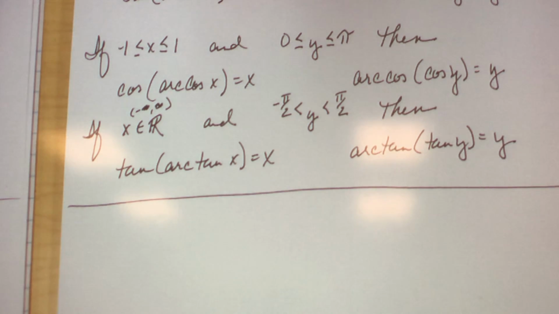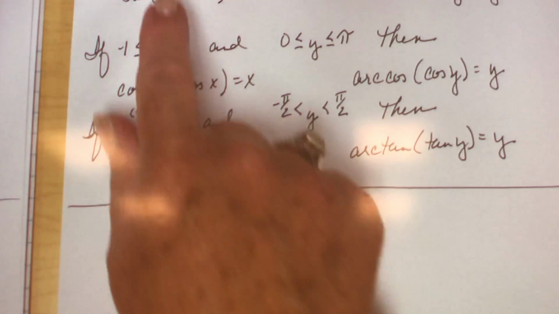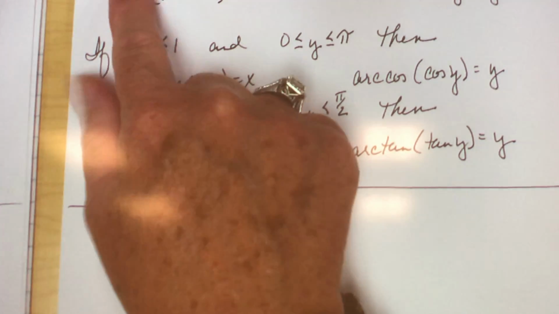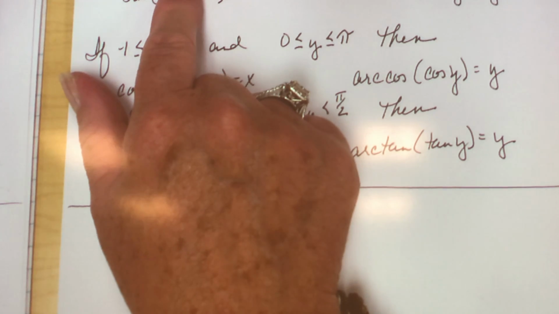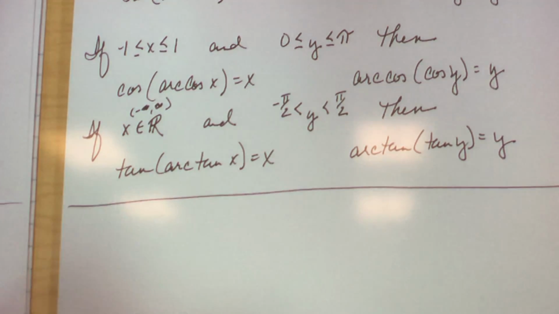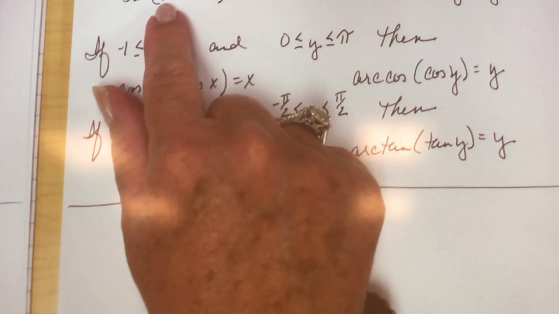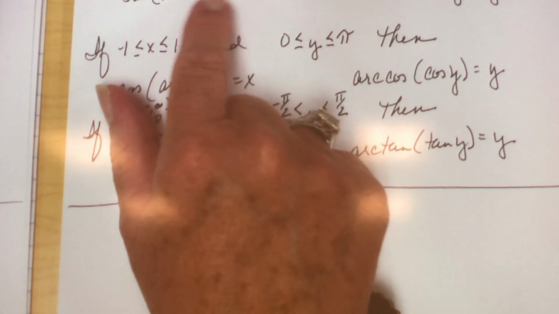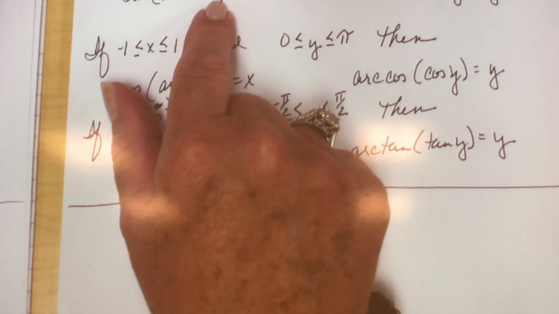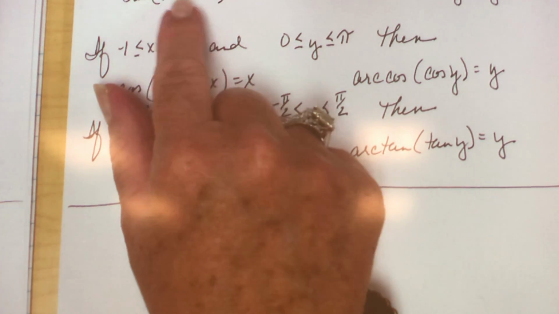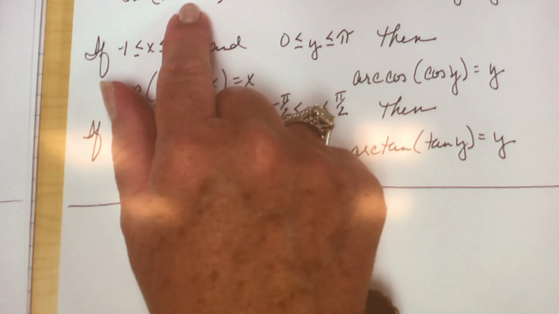Okay, so let me point some things out to you and try to make a few connections. First of all, these x's are numbers. From -1 to +1, that's just a number. Look, the angle whose sine is this number: when I take the sine of that angle, what will I get?